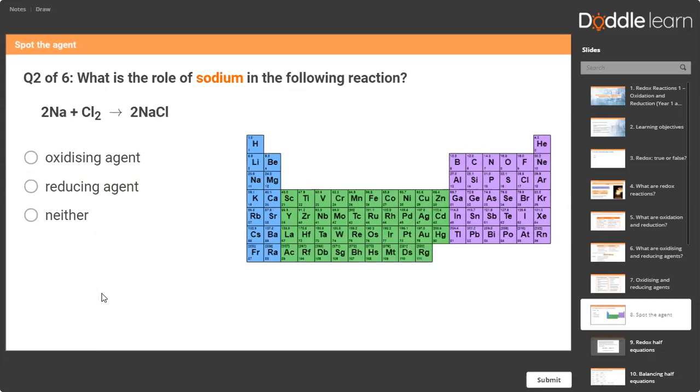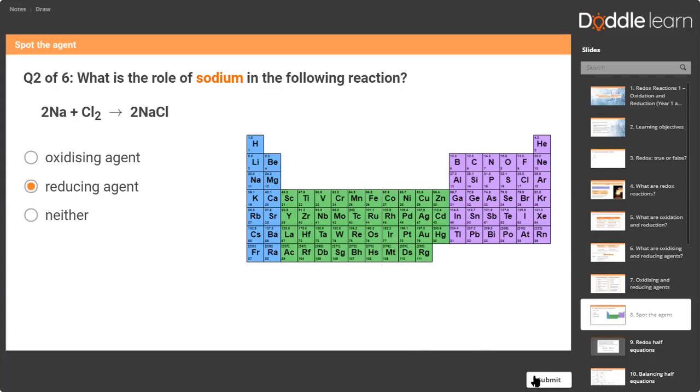What is the role of sodium in the following reaction? We've got 2Na plus Cl2 goes to 2NaCl. In this situation, our sodium is going to be acting as a reducing agent.